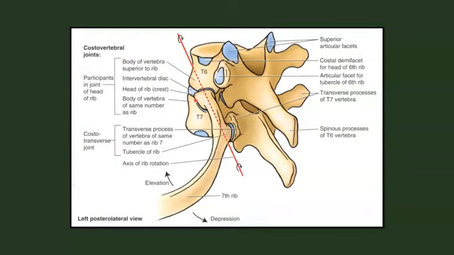Now remember, there are going to be costal facets or demifacets on the bodies of the vertebrae, and there are going to be transverse costal facets on the transverse processes.